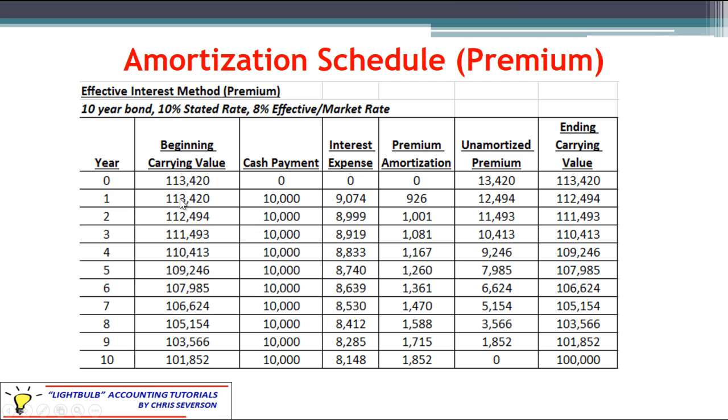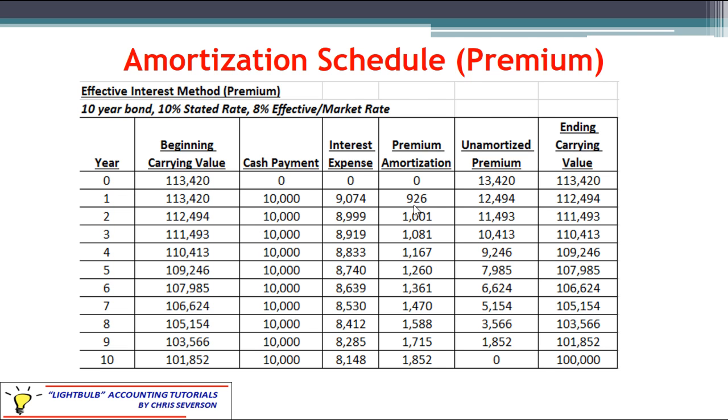This is going to be calculated by taking the $113,420 carrying value at the beginning of that period multiplied by the 8% effective rate for that period. 8%, it's $9,074. Now, we know we had $10,000 cash payment, $9,074 interest expense. The difference is $926 that is going to be premium that's amortized.